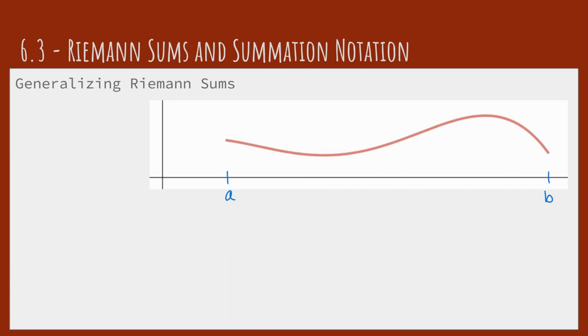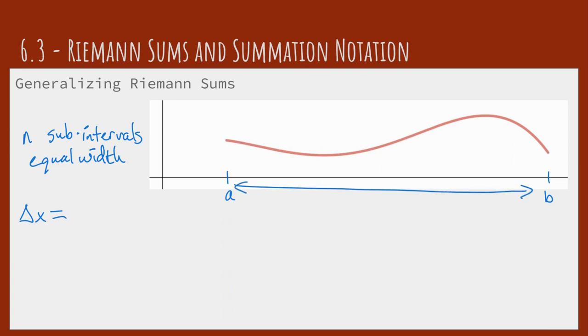So one thing we're going to do is say, okay, there are going to be n subintervals, and they're going to be equal width. Then we can figure out the width of each subinterval, which we're going to call delta x, by finding the width of the entire thing.